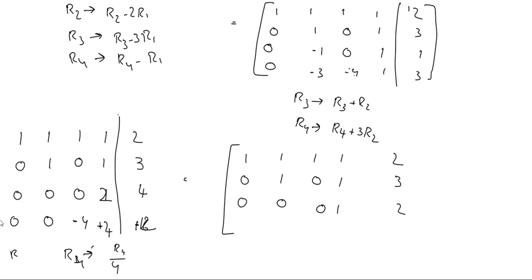We can write R3 as R3 divided by 2, and R4 as R4 divided by 4: 0, 0, minus 1, 1, and here it will be 4 3s are 12, so 3. And this is the matrix.